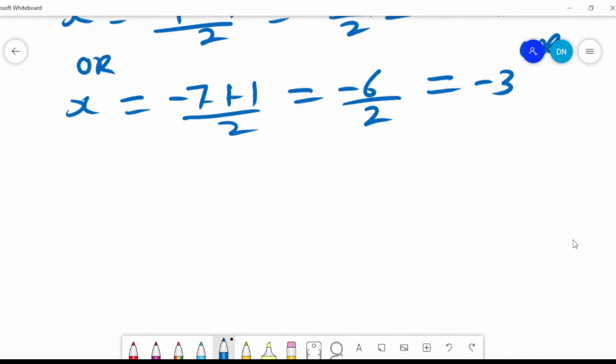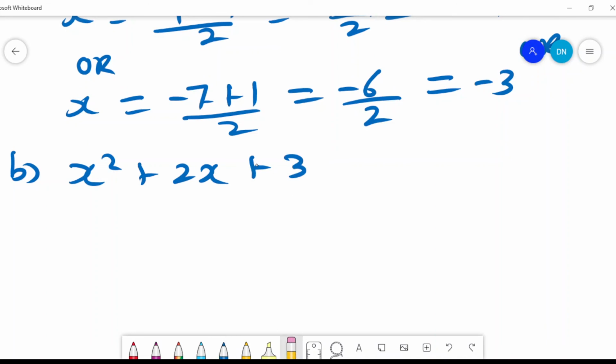Another example we can think about when it comes to quadratic equations is x squared plus 2x minus 3. This time let me put a negative, so we think of two numbers. When you multiply you get negative 3.